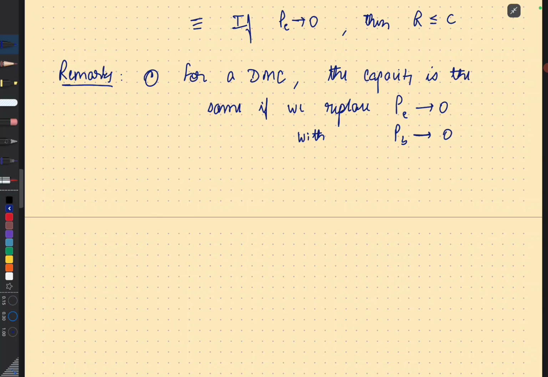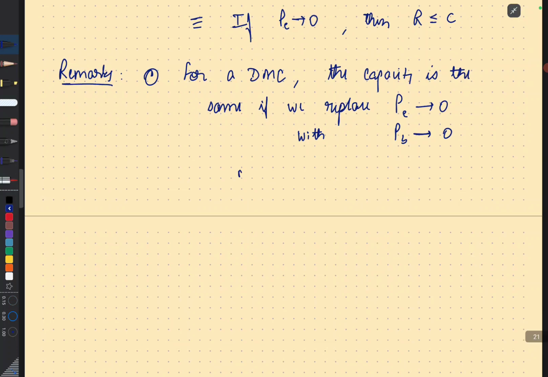Okay. And in fact, it also is true if you replace P_E with the following, which is the max over all possible messages of the probability of error.